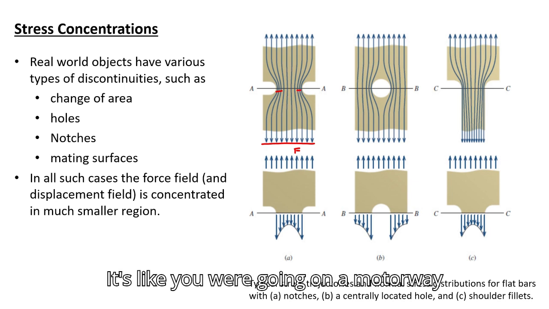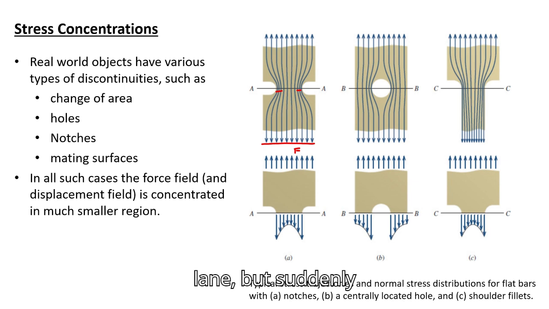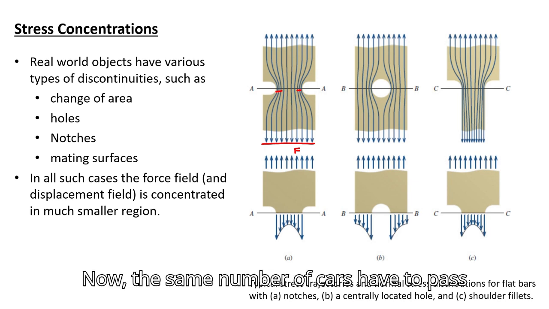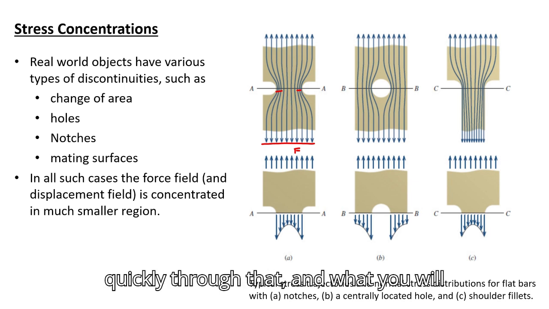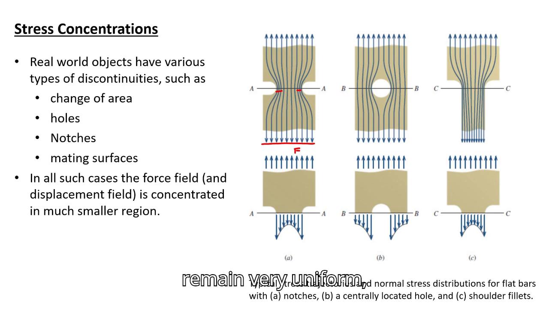It's like you were going on a motorway and each car was traveling in its own lane, but suddenly the motorway became narrow. Now the same numbers of cars have to pass quickly through that, and what you will expect is that the traffic will no longer remain very uniform, right?